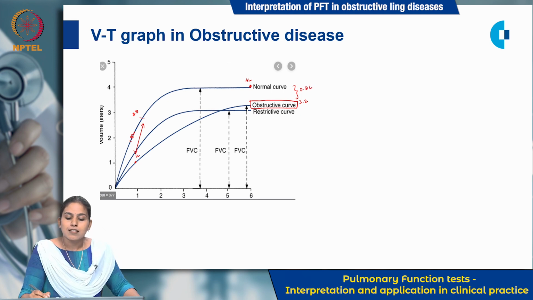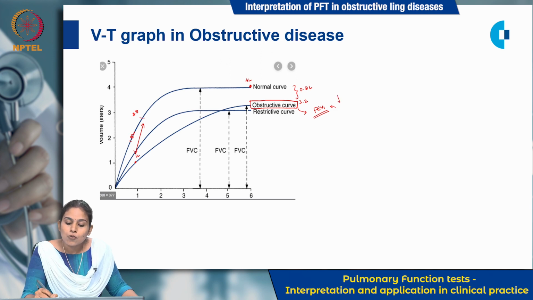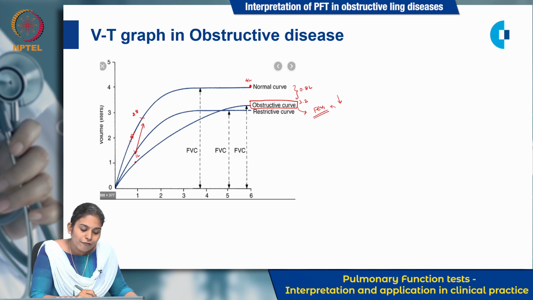What I'm trying to tell is that, especially in the initial stages, obstructive diseases will have much more impact on your FEV1. That means the resistance offered against the airflow in the first second is more, so your FEV1 falls much more when compared to the FVC. It is not that FVC doesn't fall, FVC also falls, but it may be normal in the initial stages. But the proportionate reduction in FEV1 is much more when compared to FVC in your obstructive pattern.